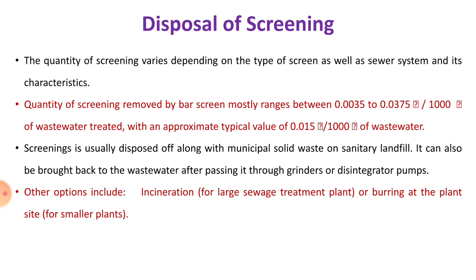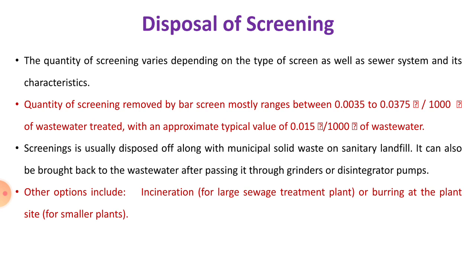The quantity of screening removed by the bar screen mostly ranges between 0.0035 to 0.0375 meter cube per 1000 meter cube of wastewater treated, with an approximate typical value of 0.015 meter cube per 1000 meter cube of wastewater.